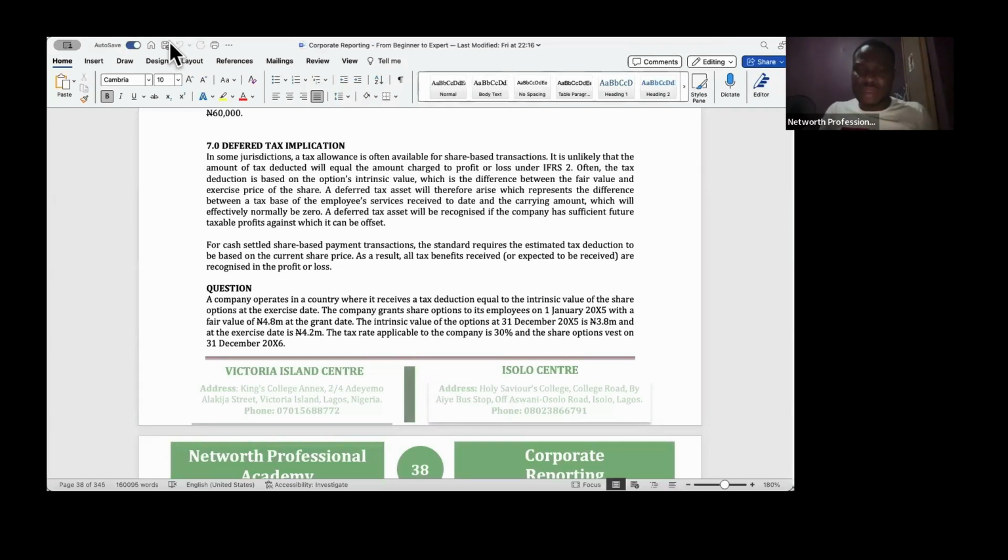The taxman is not going to allow your valuation, but will only allow it in the future when the employee actually pays, which is the intrinsic value or the exercise price, what the employee actually pays. So whatever the taxman will recognize in the future will be an allowable deduction.